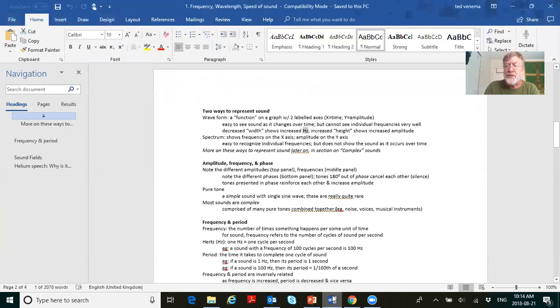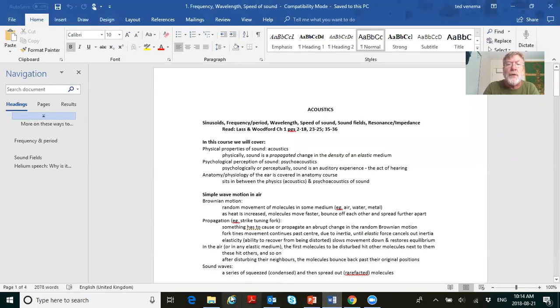Here, let's go to here, just to bug you. Go to the very top. Look at this word here. Sinusoid. Sinusoid. Where does that word come from? Sinus. Your sinuses. Your sinuses are curved passageways behind your nose.